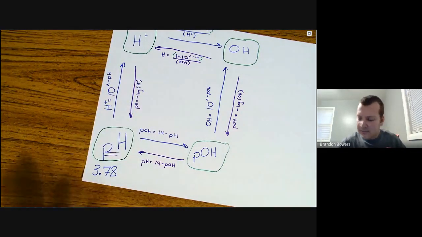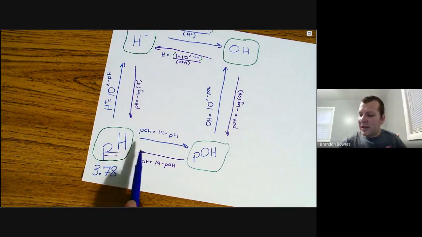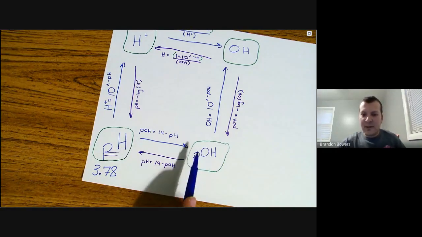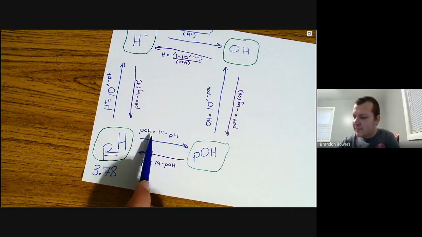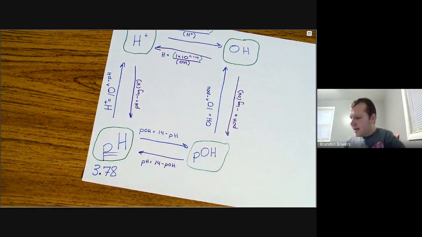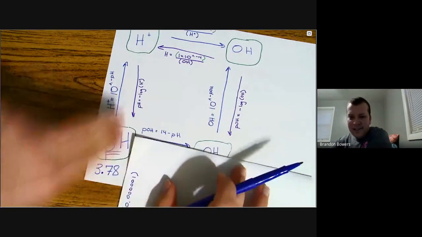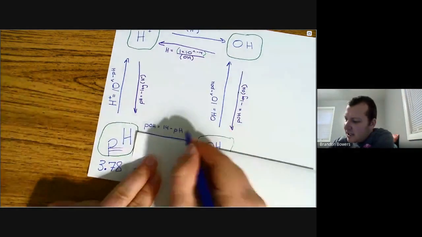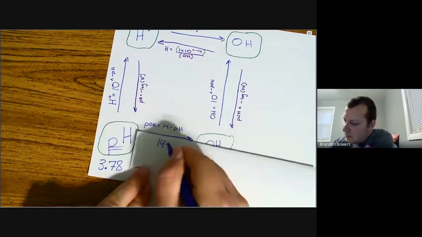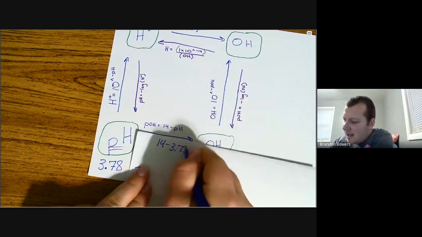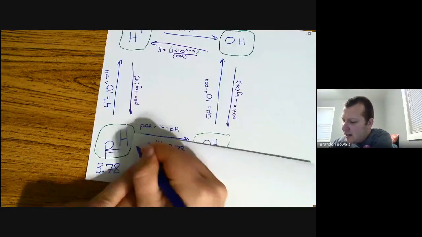So let's do the easiest one. I'm going to solve for this corner. To go from left to right, I have to use this equation. That equation says 14 minus my pH. So 14 minus my pH, which is 3.78, is equal to my pOH.